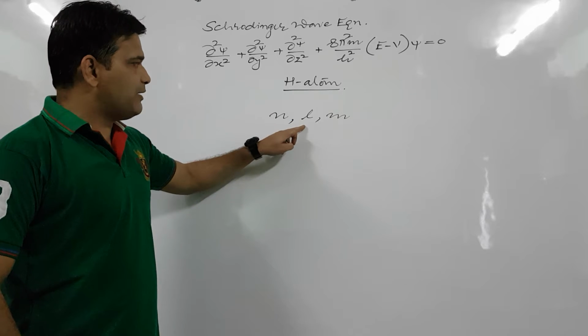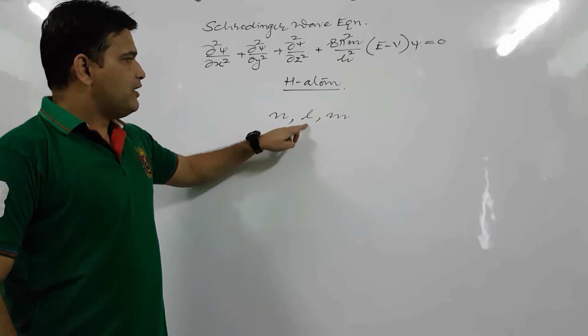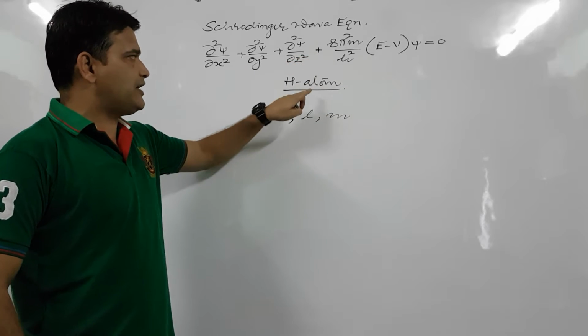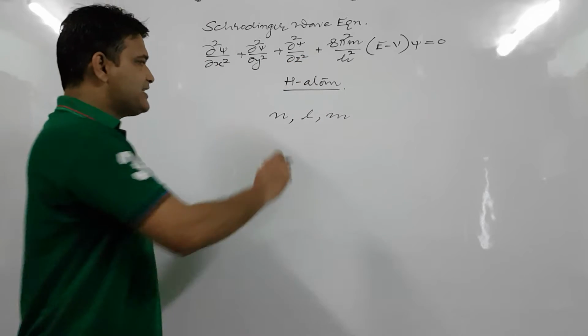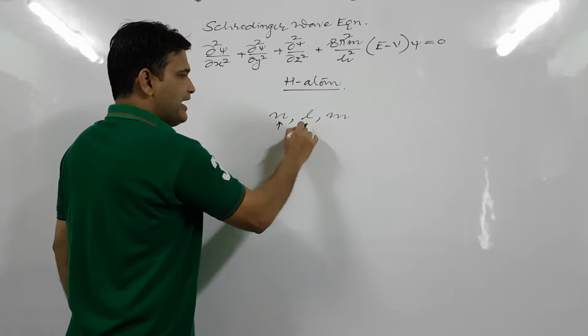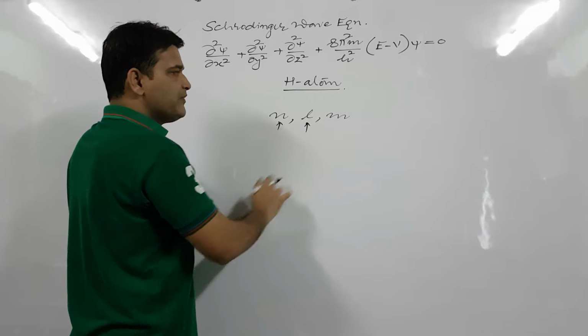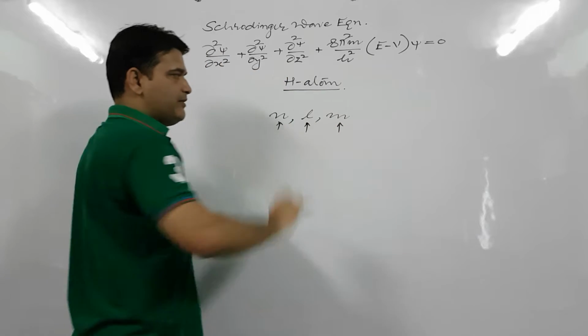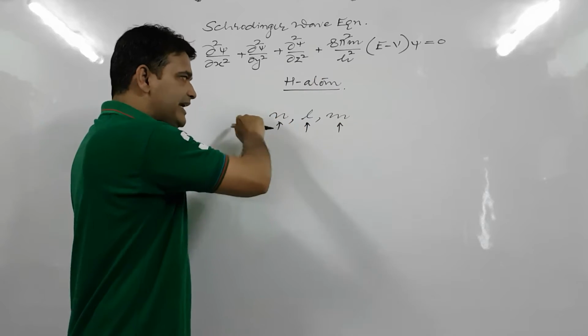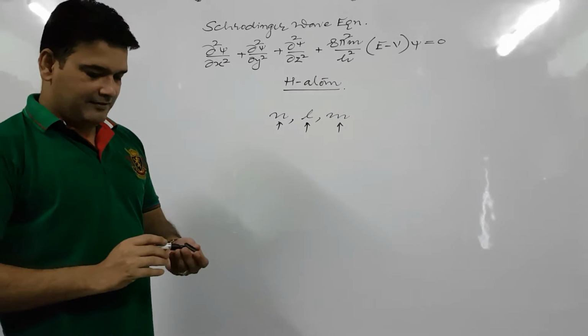So these quantum numbers were found from the solutions of Schrödinger wave equation for H atom. This is the principal quantum number, this is the azimuthal quantum number, and this is the magnetic quantum number. So let us first of all study each quantum number in detail.